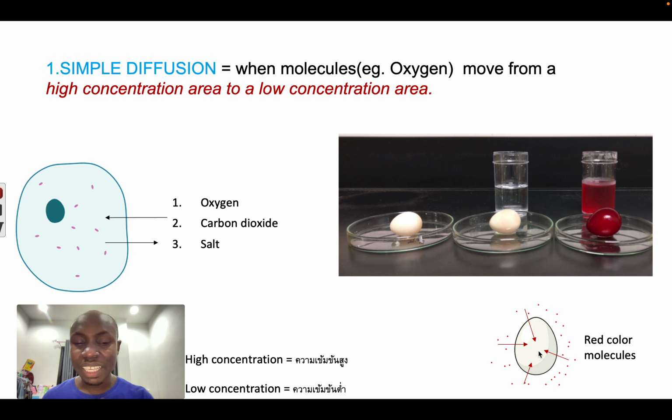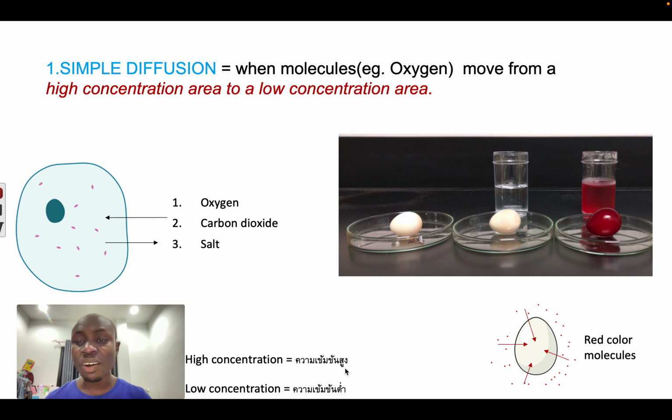So the color molecules will move from high concentration around the egg to low concentration area inside the egg. Okay, so this is high concentration in Thai and low concentration in Thai. This is an example of simple diffusion.